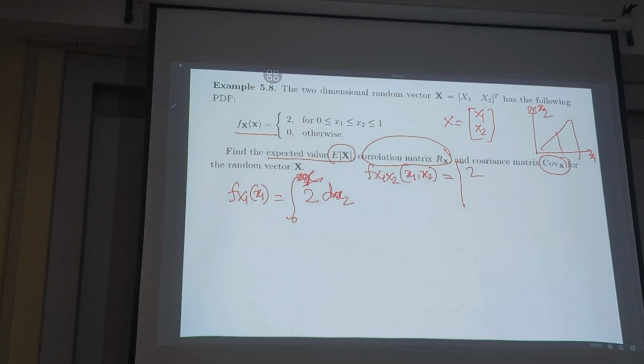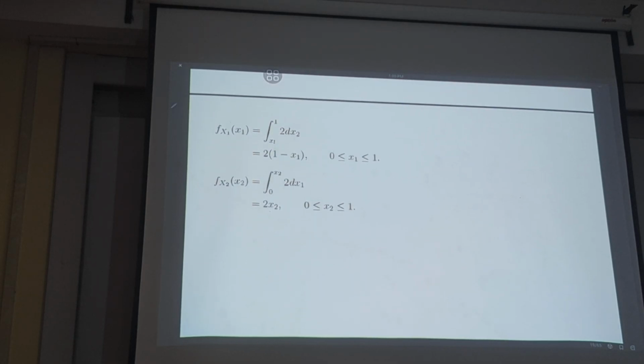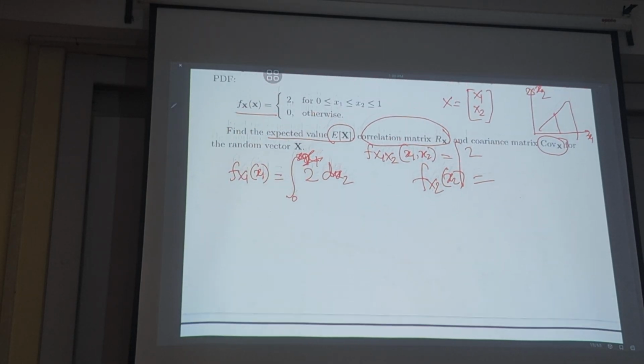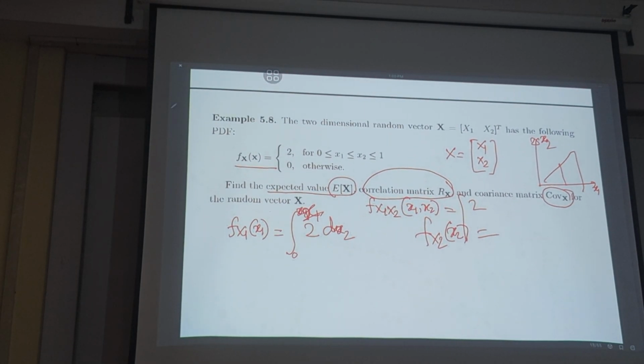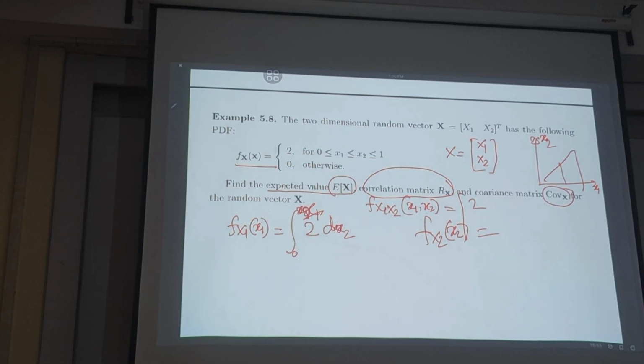Otherwise, it will come as a value of x2. 0 to x1, right? But you know it. And also you can calculate it. For x2, once you have this one, x1 to 1.